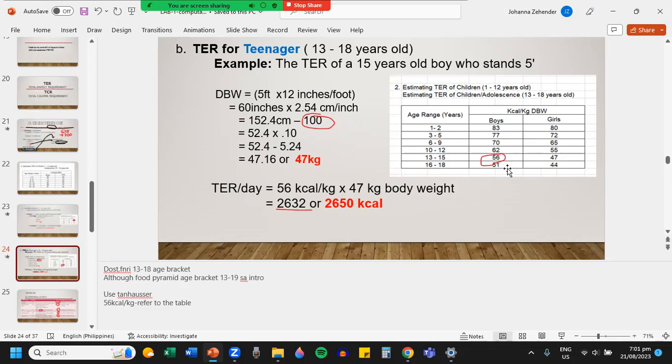This is the value that you're going to multiply against the computed desirable body weight. So 56 kcal per kilogram times 47 kilograms of your patient's body weight is equal to 2,632, or 2,650 kilocalories. You may take a few more seconds or even a minute to analyze this solution, or you may pause, the usual thing.